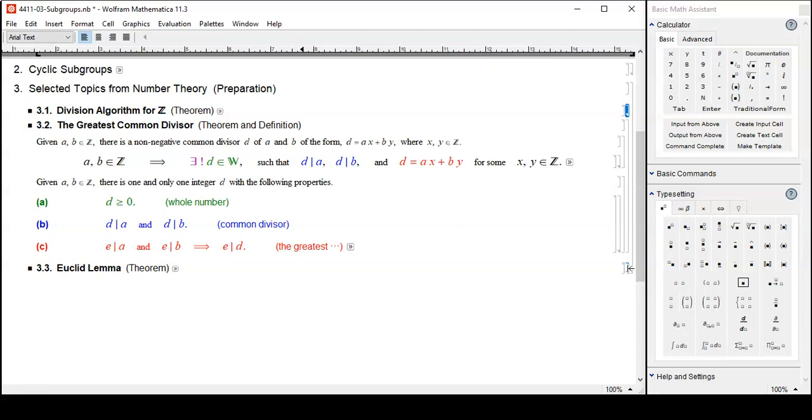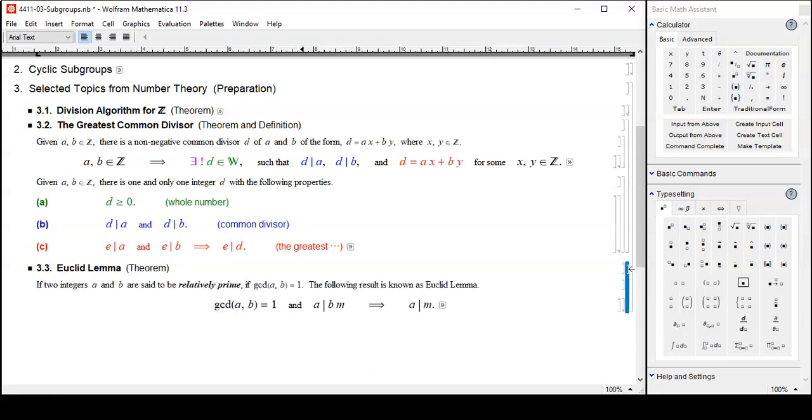So let's do an exercise here. Two integers a and b are said to be relatively prime if the GCD is 1. The following result is known as Euclid's lemma.